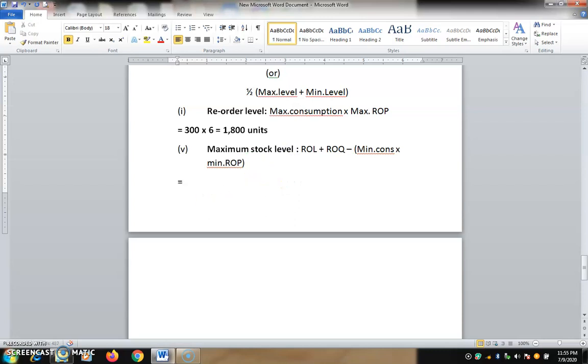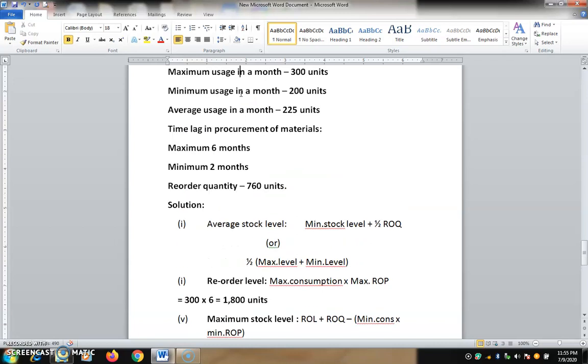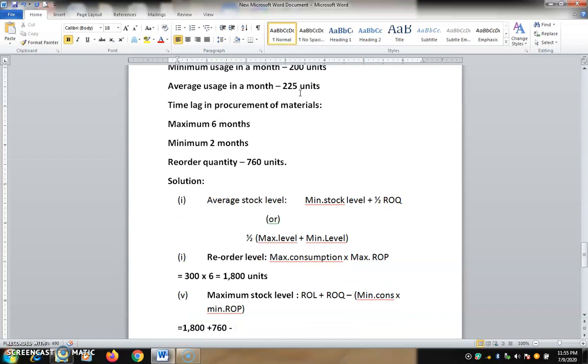So we can substitute reorder level as 1800 units plus reorder quantity, which is available in your problem, that is 760 units, minus minimum consumption, available in your problem, 200 units, into minimum reorder period, which is 2 months.